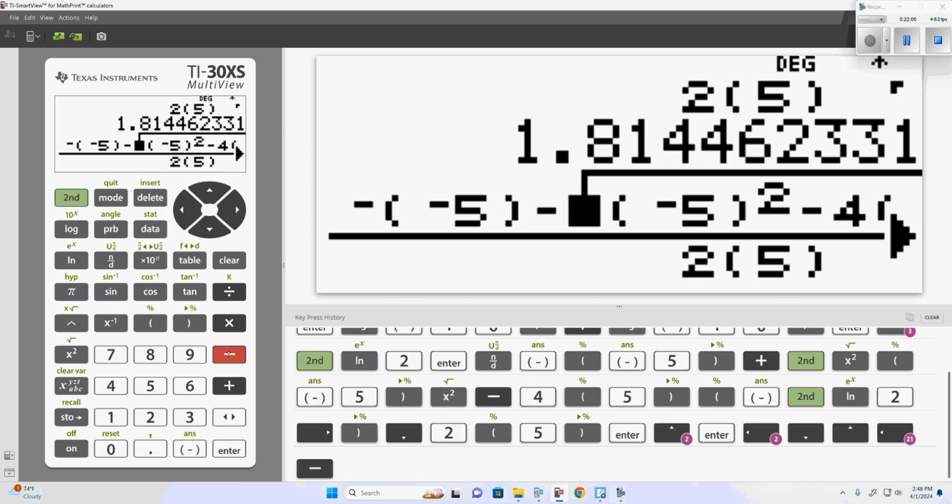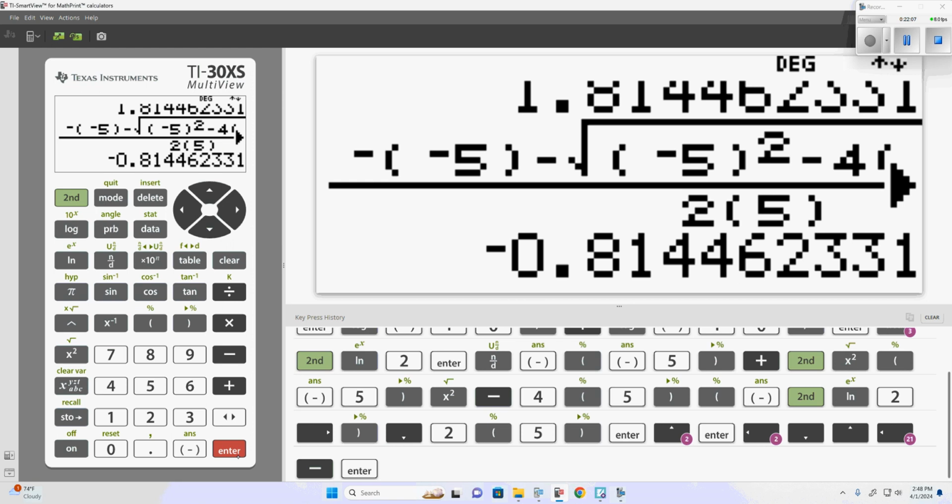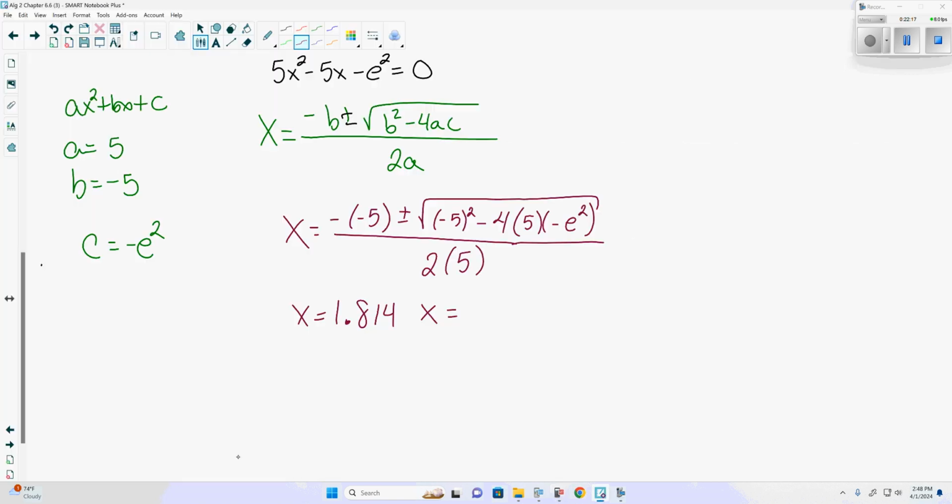It'll replace it. Enter. It'll give us the same thing, but instead of having the positive square root, we have the negative, and it gives us negative 0.814. So these here are our 2 solutions.